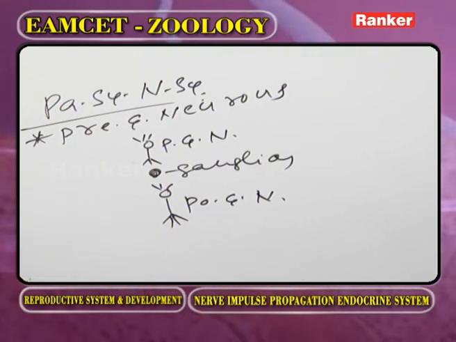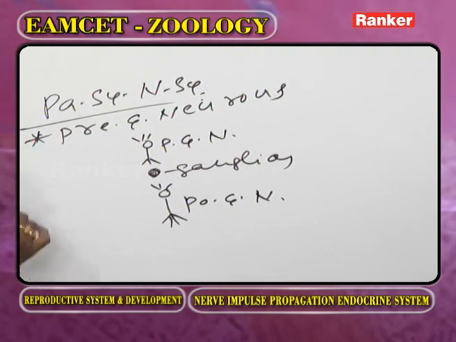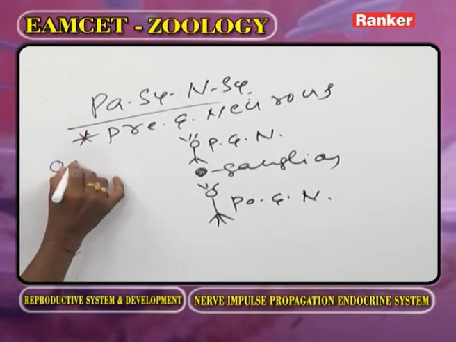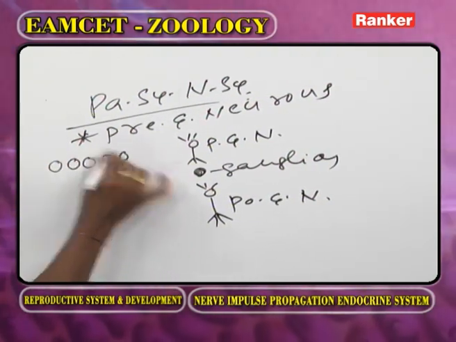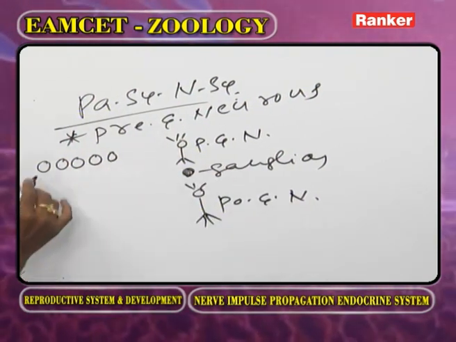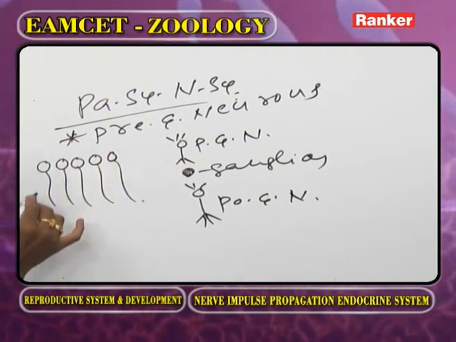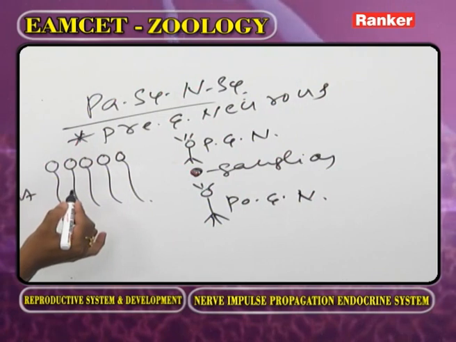craniosacral outflow. That means in the parasympathetic nervous system, the preganglionic neurons are present in front of the ganglion. Now these are the axons of preganglionic neurons.